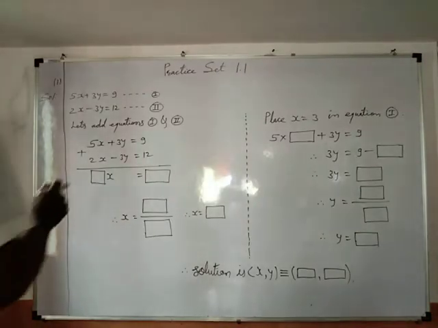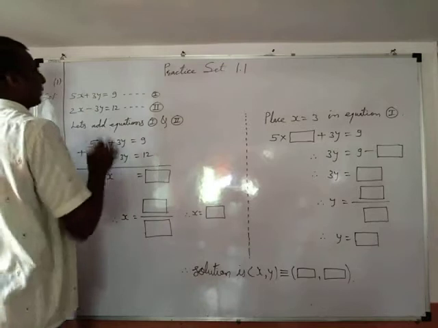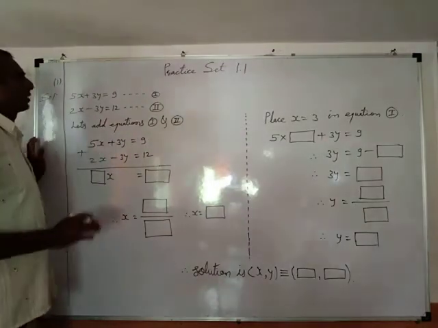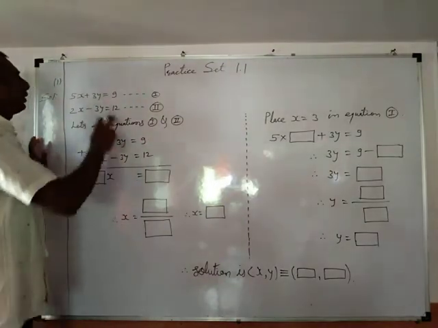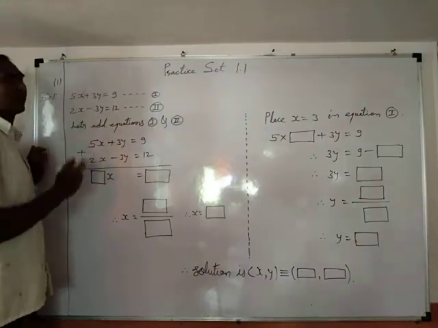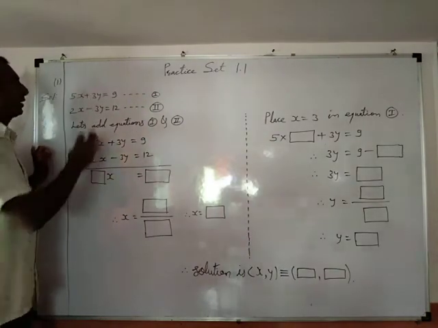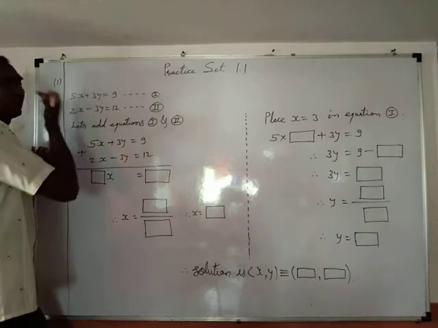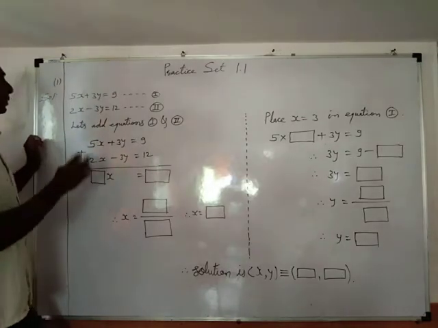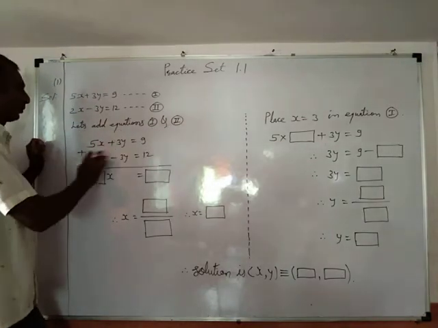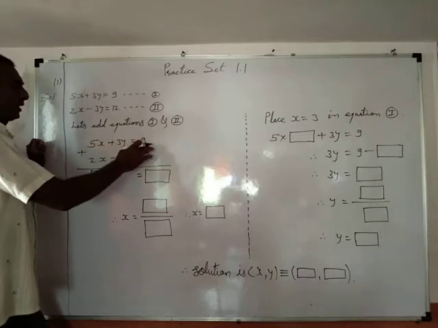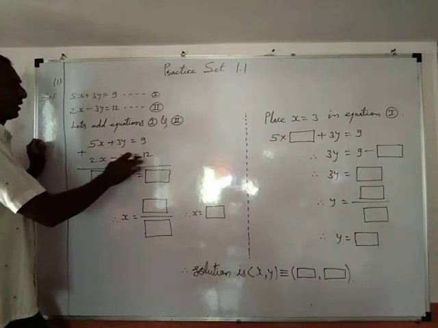The equations are 5x + 3y = 9 and 2x - 3y = 12. Here you may note +3y and -3y. These are terms with opposite signs and the same coefficient. That's why let's add equations 1 and 2. 5x + 3y = 9 plus 2x - 3y = 12.